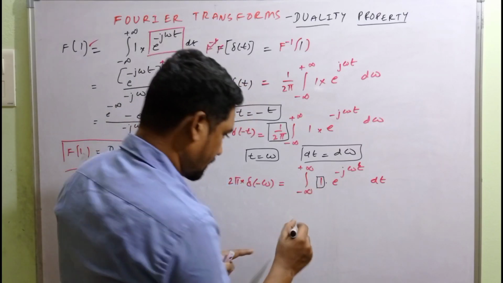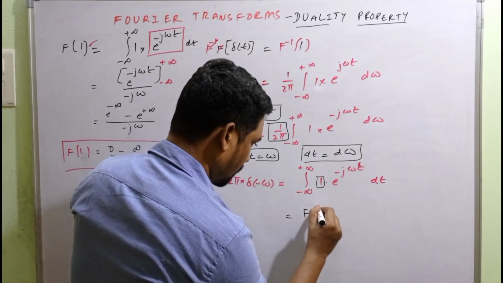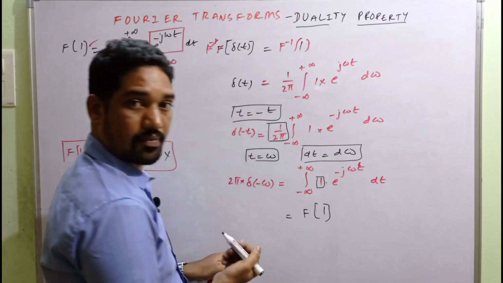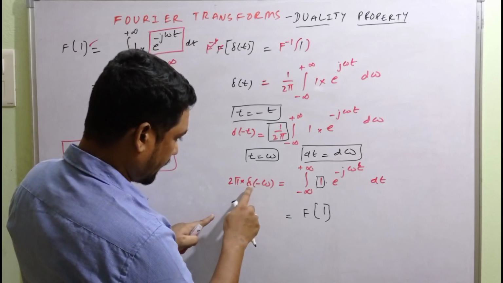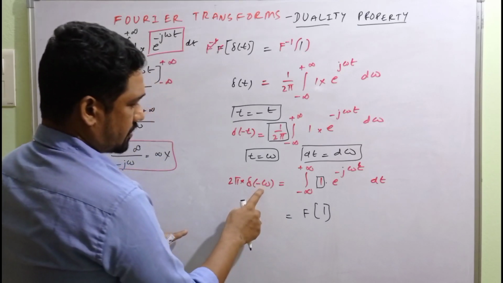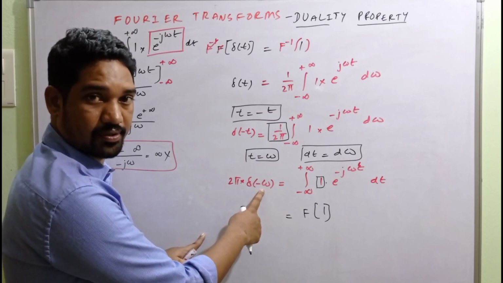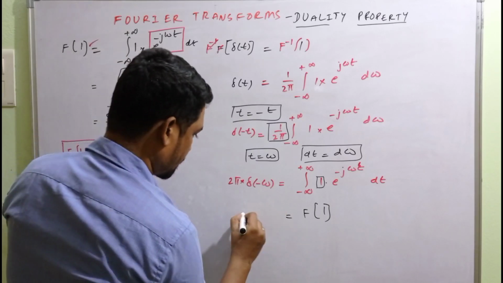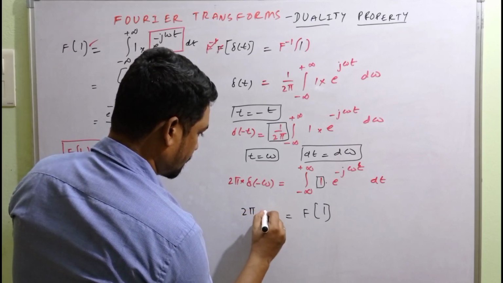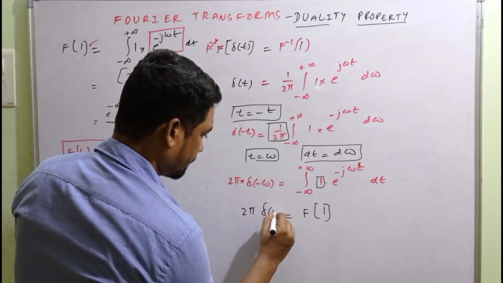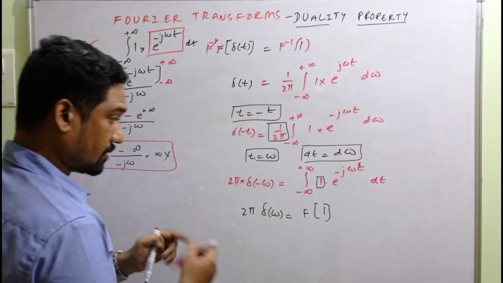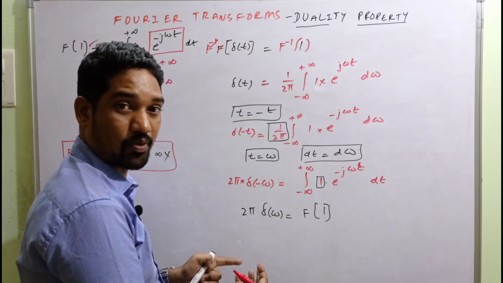What is this? This is the Fourier transform of the function 1, and on the other hand we have an impulse function, an even function, and so our expression will be 2 pi into delta omega.